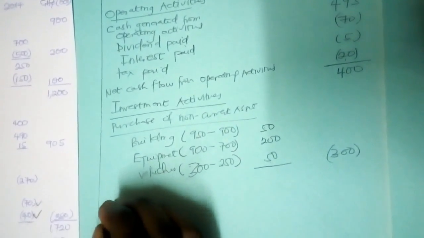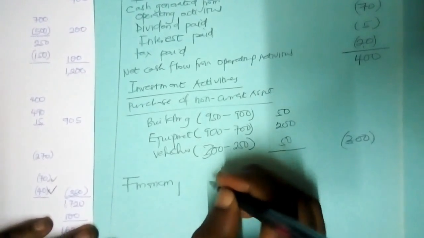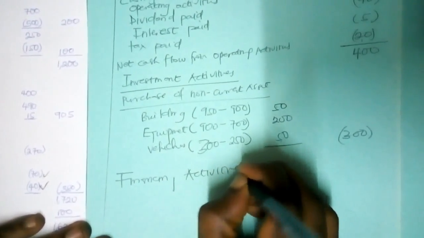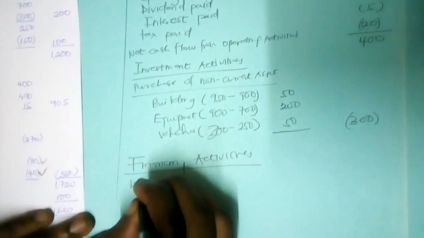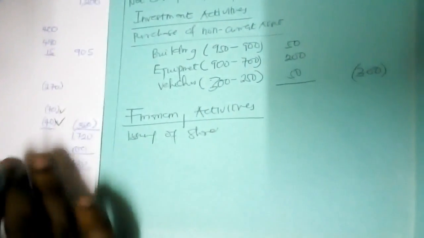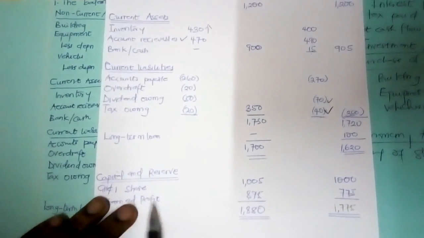So the last thing that we are going to look at is financing activity. How are we going to get money to do the financing activity? Under this, we look for issue of shares. So we come here to our shares column.